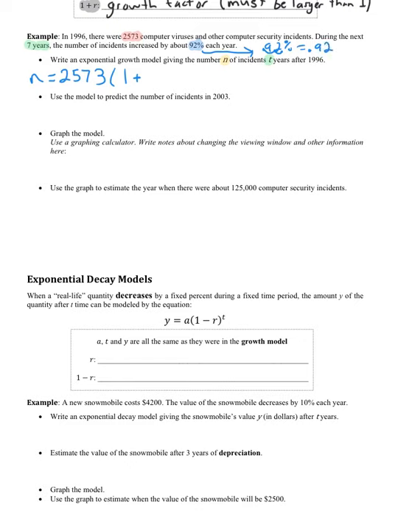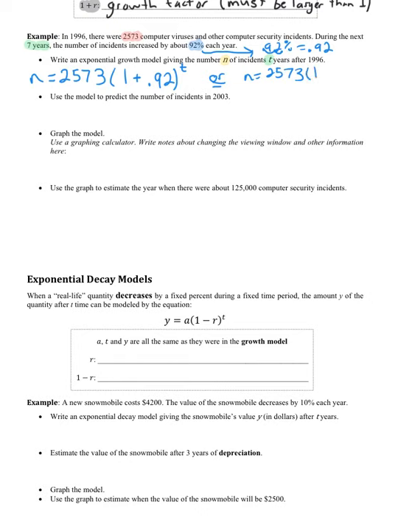Or you divide 92 by 100, which would also give you the 0.92. So this becomes 1 plus 0.92 to t. In this case, we'll just leave it as t for now. But that's what our model is going to look like here. Or we could simplify the 1 plus 0.92 a little bit if we wanted to.